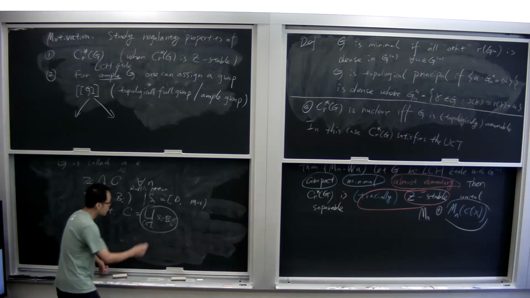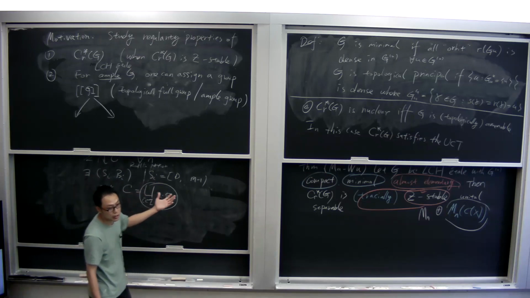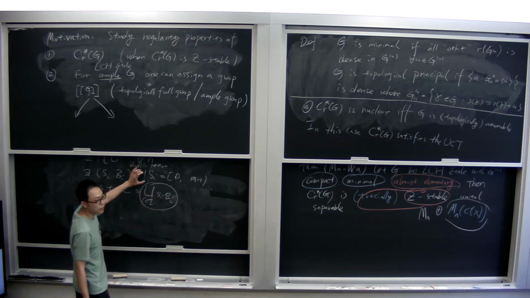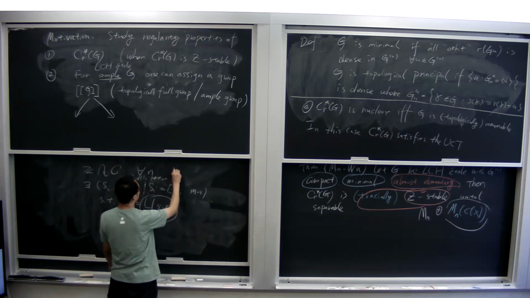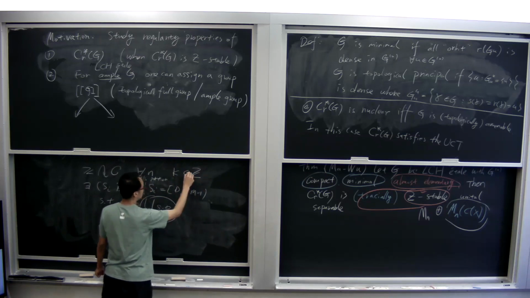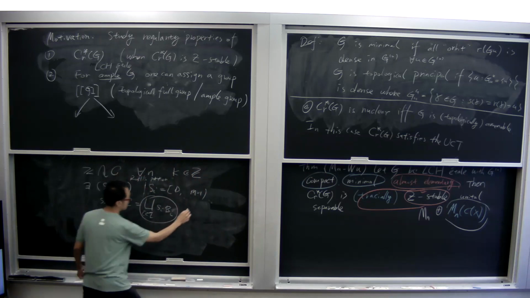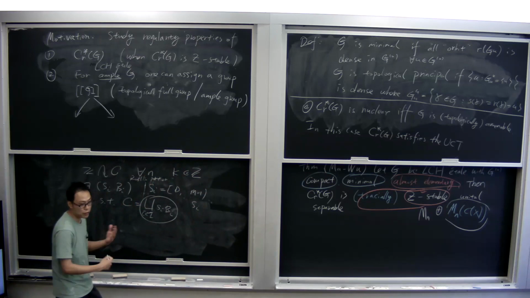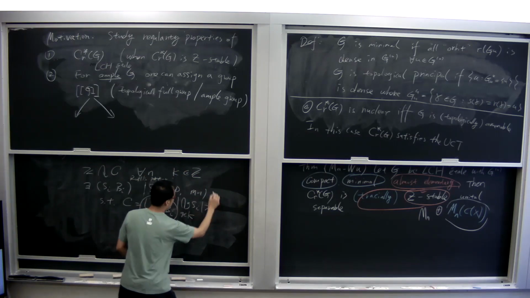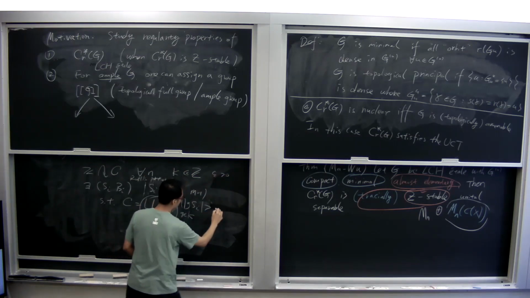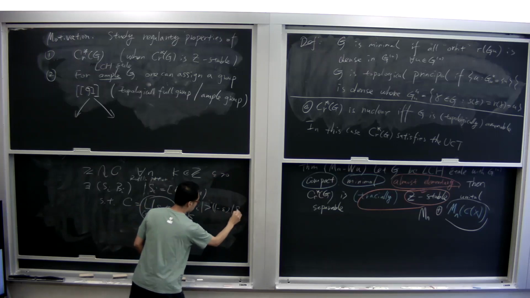Then, because S_i is very large, you can choose the Følner part of S_i. So for example, given some K in your Z, it's a finite set. You can make your S_i large enough, or Følner enough, such that g in K stays inside, maybe with some epsilon, so (1 minus epsilon) S_i.